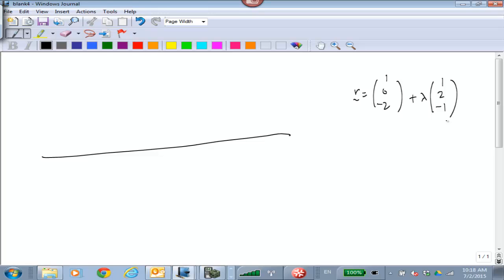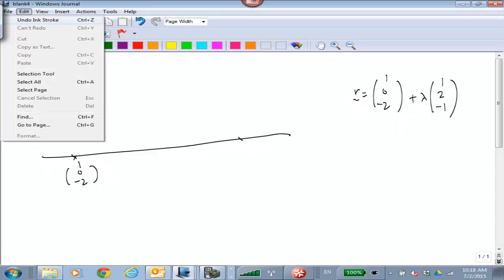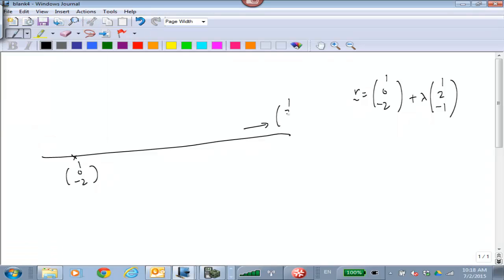Usually the picture that I will draw looks like that. Let's say that I have another point called (0, -2). My question is, do you know how to find the foot of perpendicular of this point to the line?